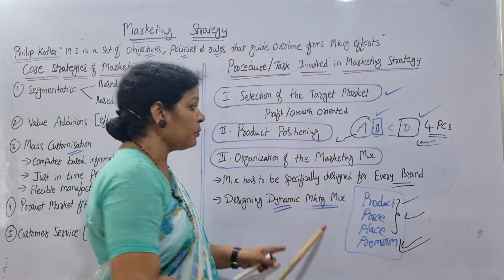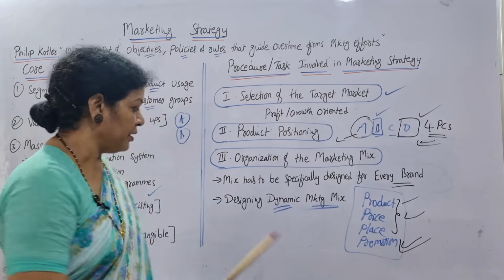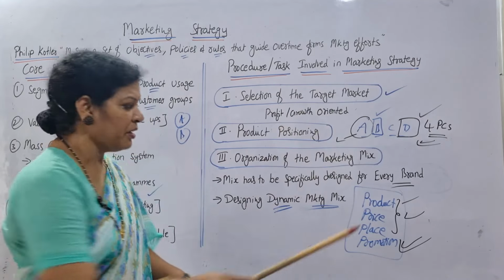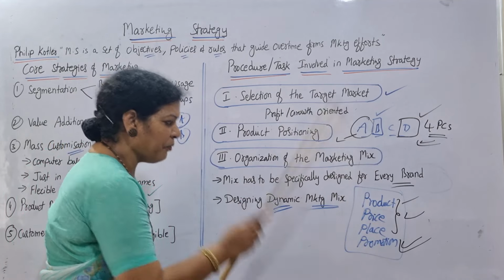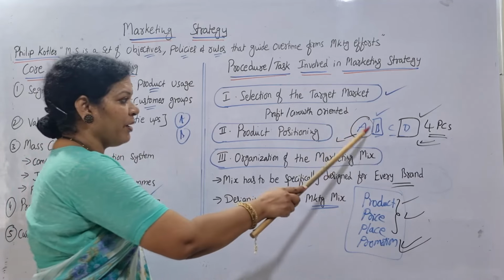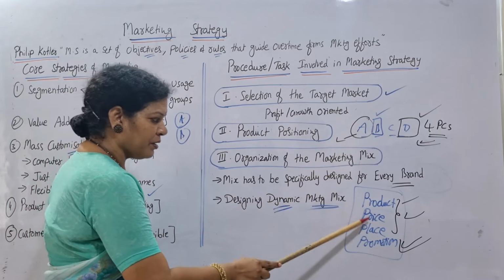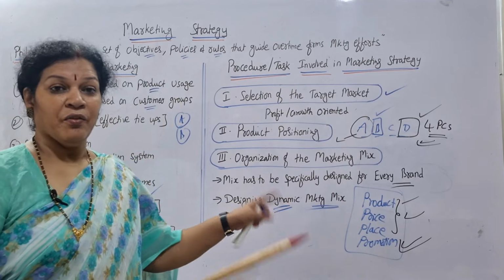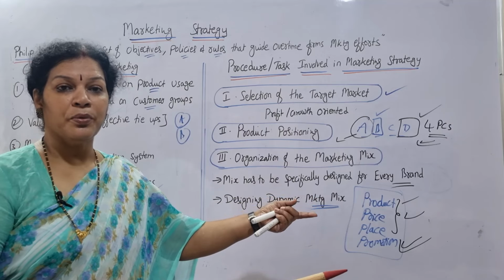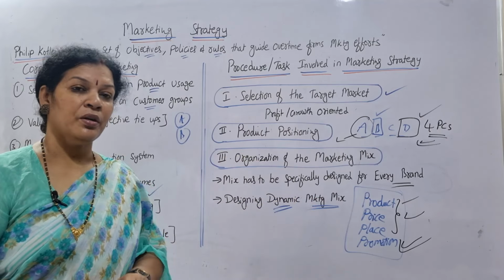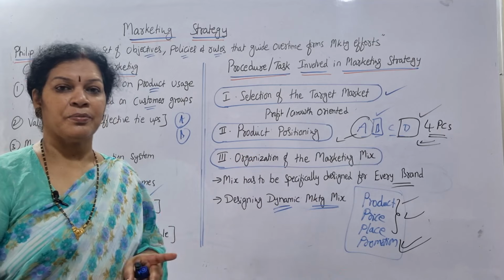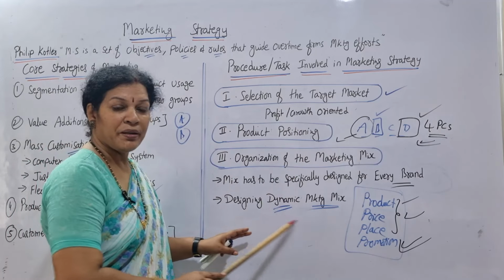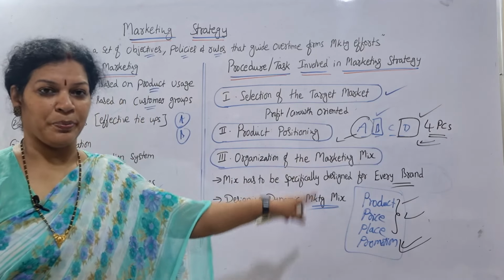This could be a strategy for product B. So that is what we are saying, designing a dynamic marketing mix. Dynamic means here these three are okay, let me focus on this. For A, these three are okay, but I want to focus on product. In a dynamic mix, where you want to focus more, where you want to give more stress and more strategy is required, there you are going to prepare the dynamic mix.